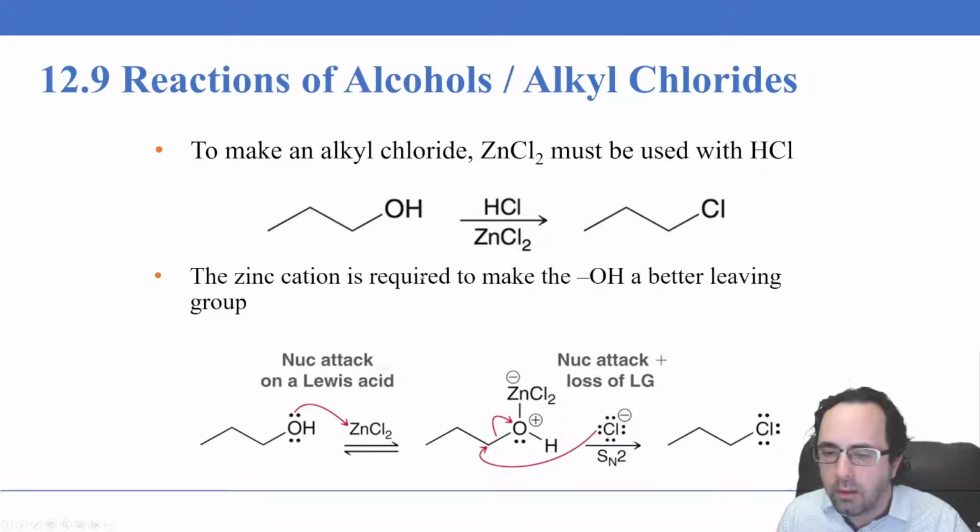Here the oxygen will react with the zinc, the zinc chloride being the positive part, and it will make this bond with the zinc, which will make it a better leaving group, and then the chloride can attack. It's just a different reagent. If you want to change the alcohol to an alkyl chloride, you're going to need this additional reagent, the zinc chloride.